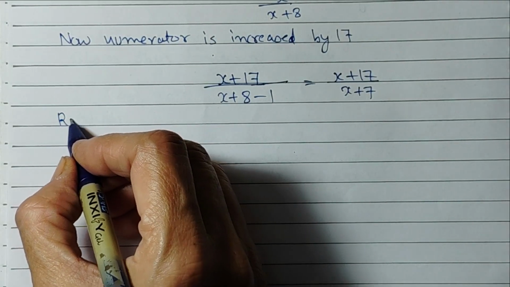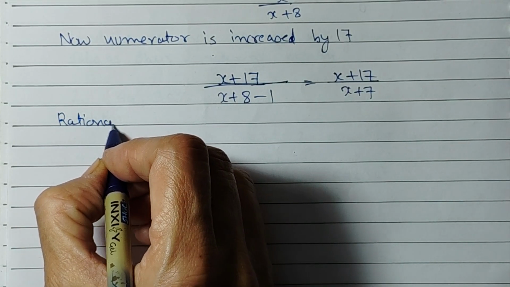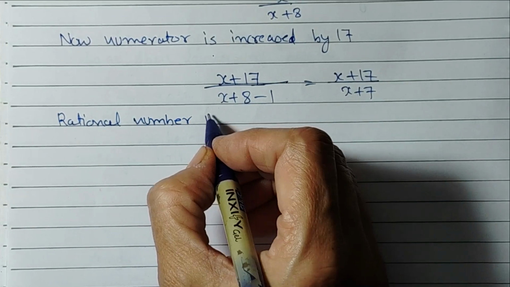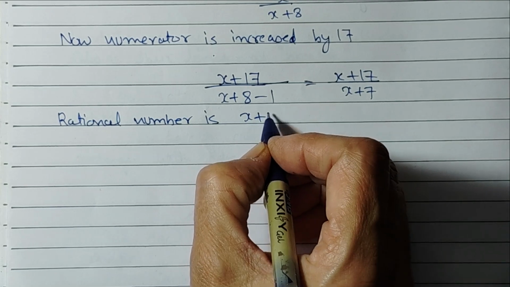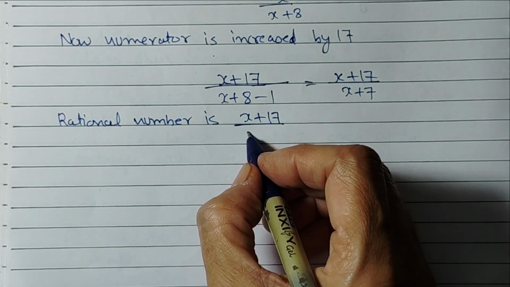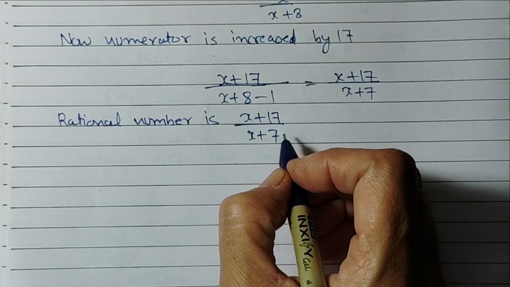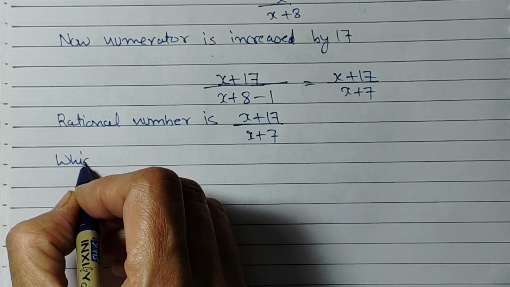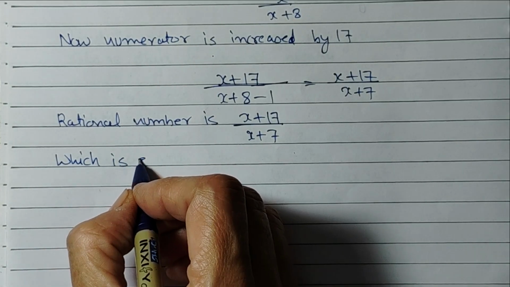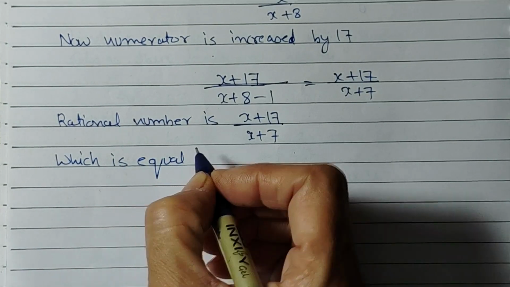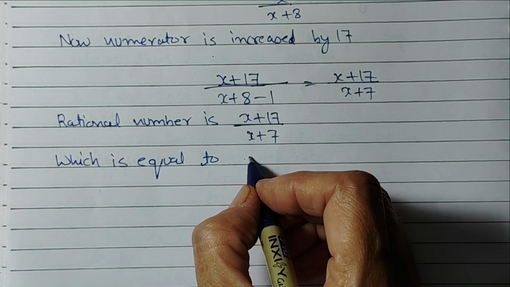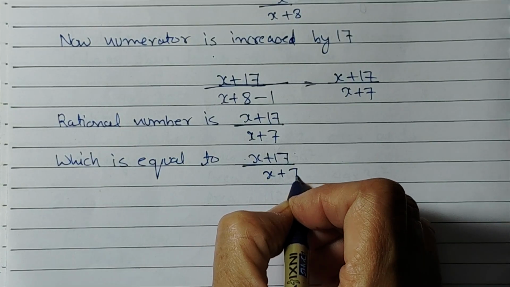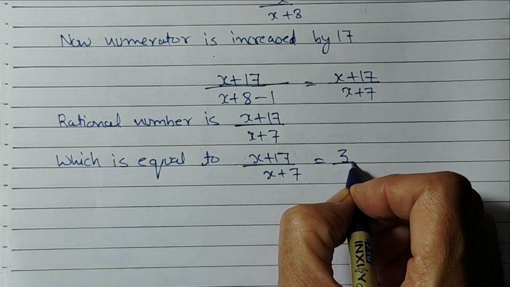The rational number x plus 17 over x plus 7 is equal to 3 by 2.